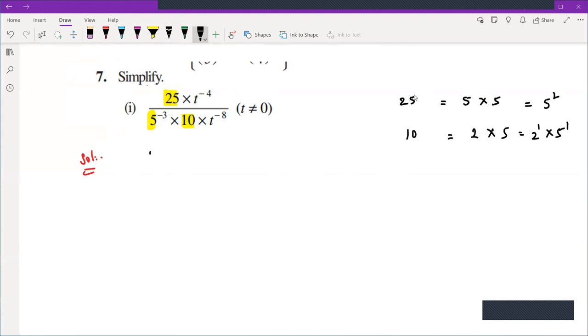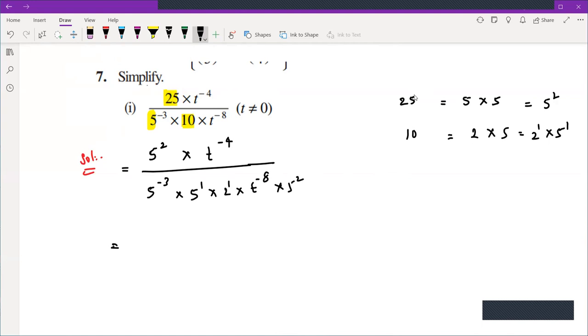Now let's write this as 5 square into t to the power of minus 4 divided by 5 to the power of minus 3 into 5 power 1 into 2 power 1 into t to the power of minus 8. Now, first simplify what is in the denominator. If there were a 5 square there, then you could cancel it.